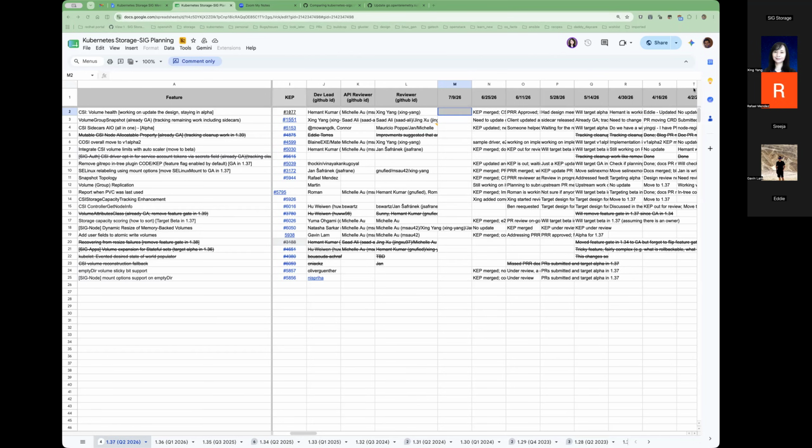Then Eddie added a PR to the external volume health monitor that adds support for reporting health from the control plane. So it looks to be okay and tracked for the release, but we need API reviews actually. Yeah, operation, ping Michelle.